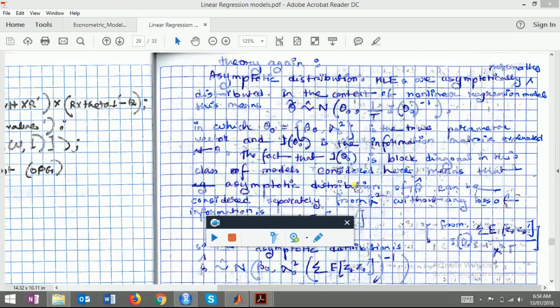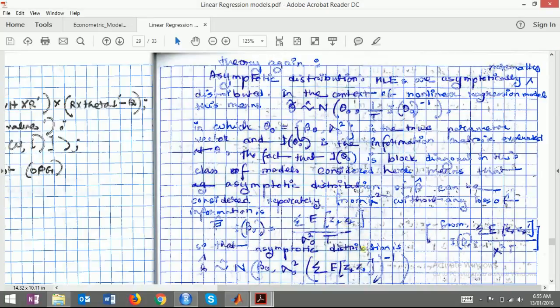To completely do the fourth problem, we need to go through some theories one more time. We'll just go through the theories first. So, asymptotic distribution: maximum likelihood estimators are asymptotically normally distributed in the context of the nonlinear regression model.